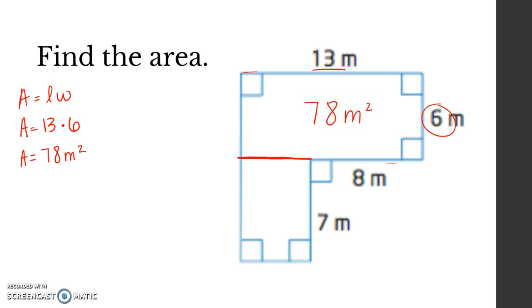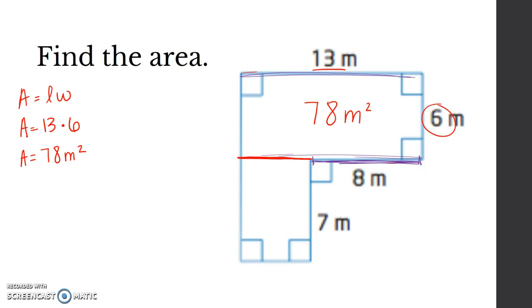Now I need to find the area of my smaller piece here. And again, we can't really trust the picture, so we have to find some measurements from the given amount that we have here. We know that this entire length is 13 meters, which means this entire length has to be 13 meters. But we're given 8 meters right here for this length. So we have to find the missing value of the line that we drew.